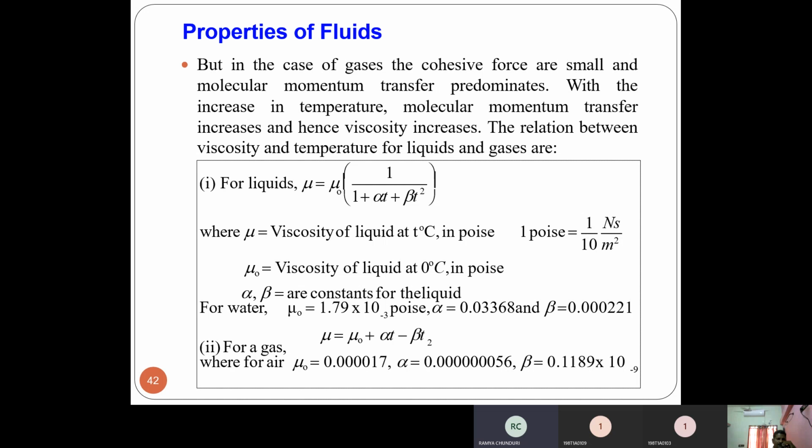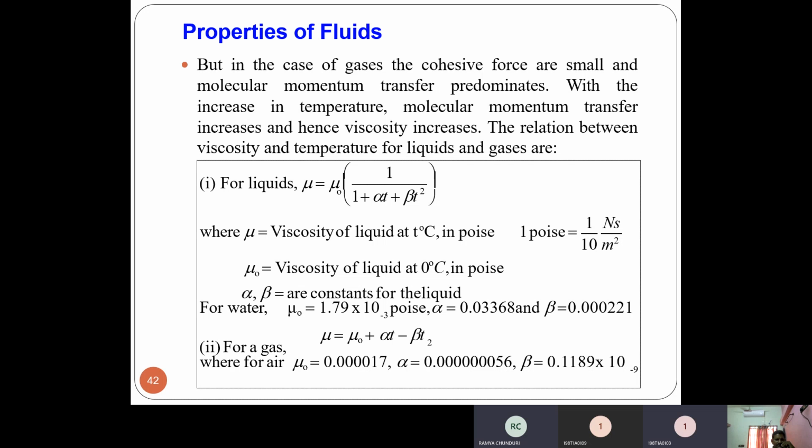The relationship between viscosity and temperature for liquids and gases is given with the help of expressions. For liquids, mu is equal to mu naught into 1 by (1 plus alpha t plus beta t square), where mu is the coefficient of viscosity of the liquid at T degree centigrade.